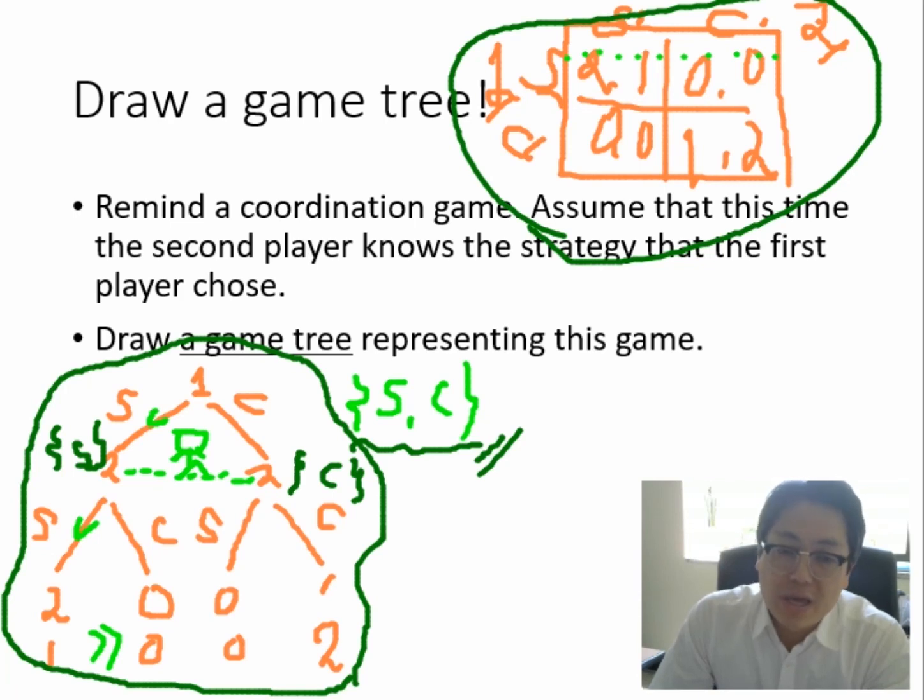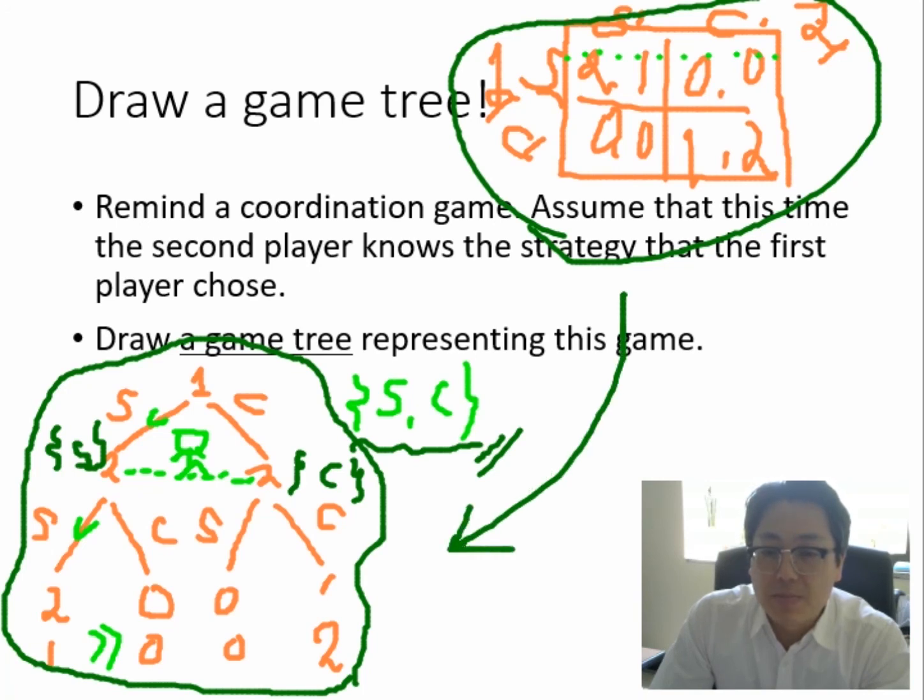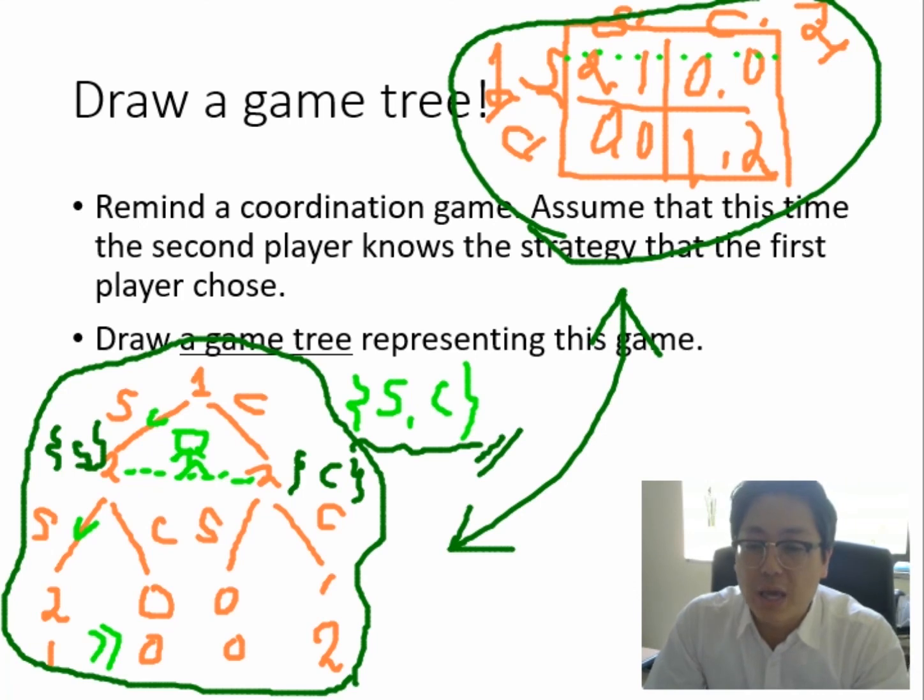Maybe we can change the order of the players. Maybe this is the second player, this is the first player. But when they are playing the game, they don't know what kind of action was played, right? By connecting those two nodes with this dotted line, in some sense these two games are the same. I mean, these two games are describing the same situation.